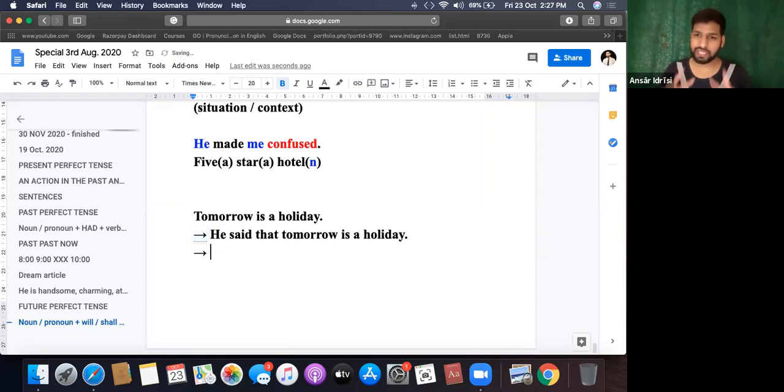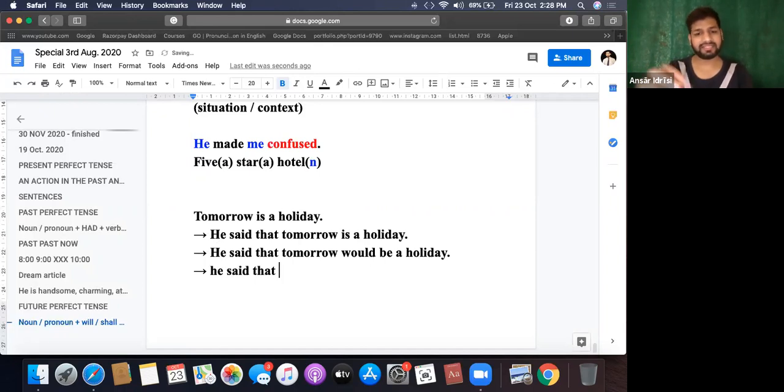Same direct speech will change into another method. He said that tomorrow would be a holiday. Same sentence will change into another one. He said that the next day is a holiday.